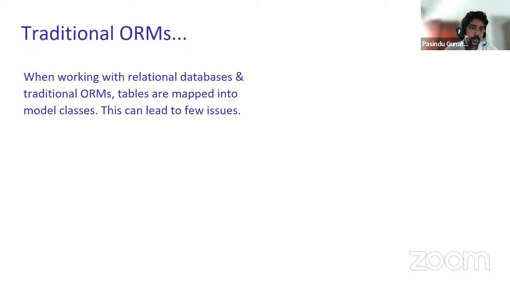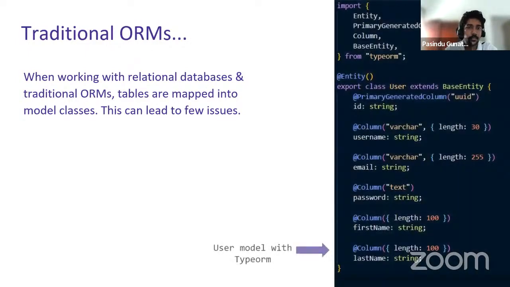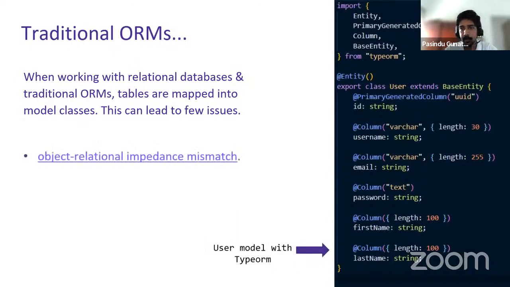So one issue that comes in is object relational impedance mismatch. On the right hand side, you can see TypeORM in action. This is a class representation of the user table. TypeORM provides these decorators like Entity, PrimaryGeneratedColumn, and stuff like that.